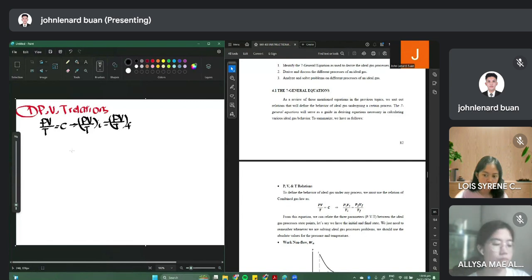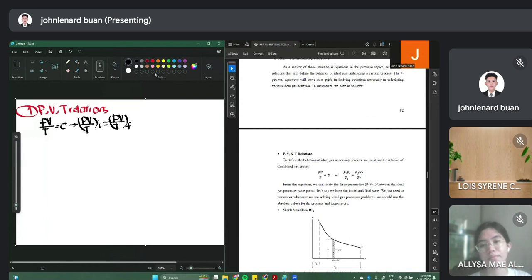But just in case it is not, if the given is gauge pressure, you have to add the atmospheric pressure in order to obtain the absolute pressure. And then we should also use absolute temperature. Meaning, in solving such problems, you have to convert degrees Celsius and degrees Fahrenheit to Kelvin and Rankine respectively. So always remember that, not only in PVT relations, but in all equations that use pressure and temperature, you have to use the absolute pressure and temperature.